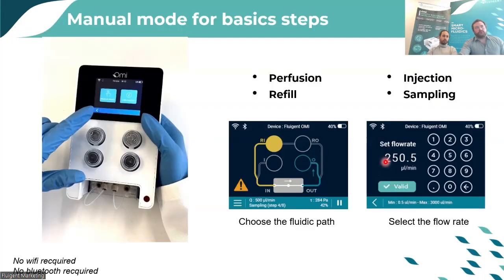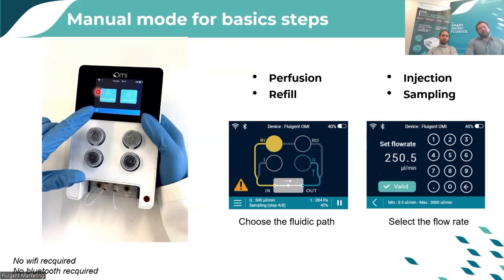So now, on how to control OMI. The first, simplest way to control OMI is to use the touch screen. Here you can see when you enter the burger menu, you will be proposed an information menu where you can get access to some technical information of the machine, but more importantly, you have access to the manual mode.